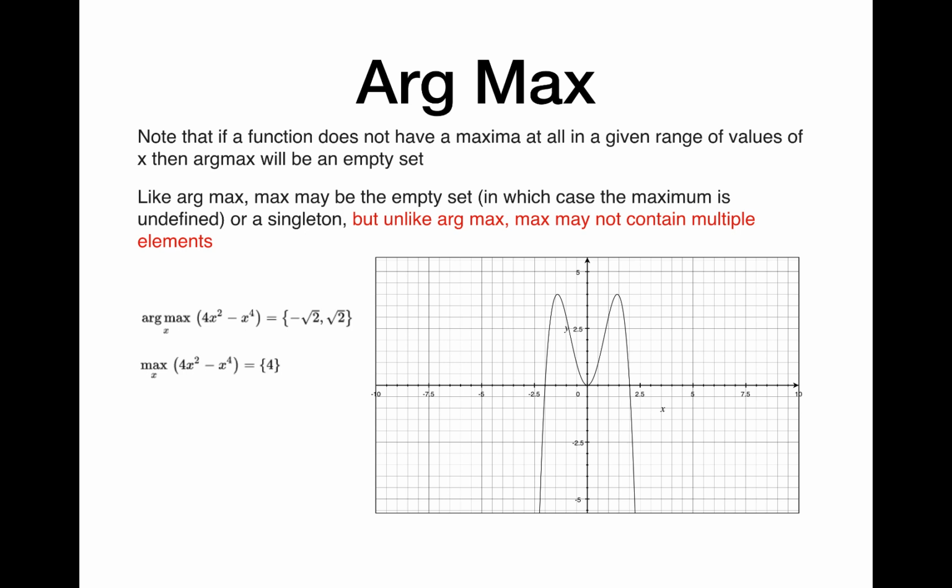So if you look into the function here in this diagram again, you can see that it gives two maxima. Okay, and the value of that maxima is the same, and that is equal to 4.